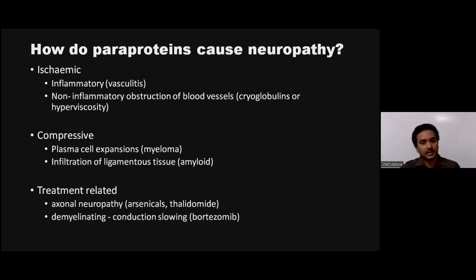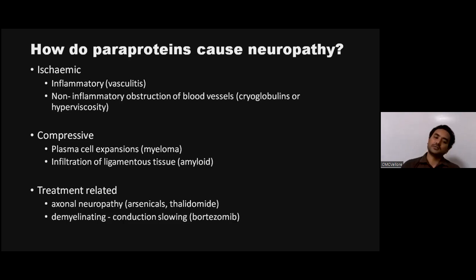Then ischemic, which can be inflammatory or non-inflammatory. In inflammatory, we can get vasculitic, cryoglobulinemia, etc. Non-inflammatory also, in view of the excess of monoclonal immunoglobulins, like more than 40 or 50 gram, we can get hyperviscosity syndromes.